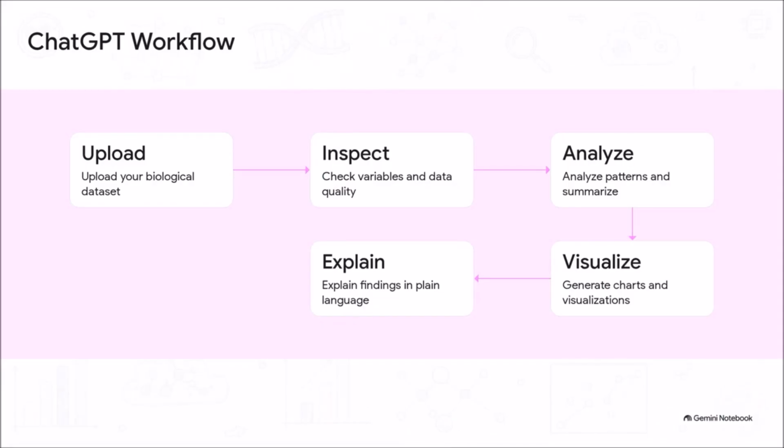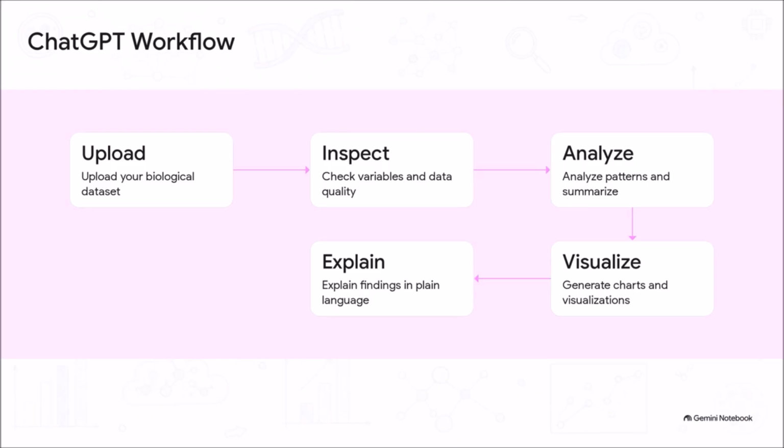So what does this look like in practice? The sequential methodology for ChatGPT is pretty straightforward. Step 1, you just upload your biological data set, let's say a CSV of bulk RNA-seq read counts. Step 2, have the AI inspect the variables and check for data quality, flagging any weird inconsistencies or missing values. Step 3, prompt it to analyze patterns and summarize the statistical results.